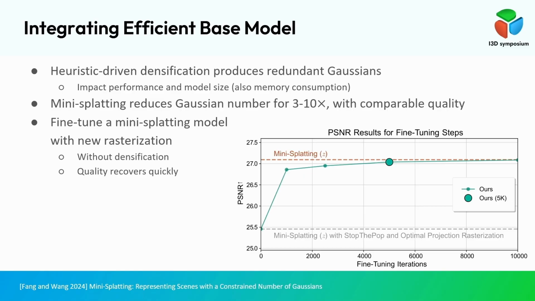Directly rendering a Mini-Splatting model with our new rasterization will cause quality degradation, so the fine-tuning process recovers the quality quickly. We find that about 5,000 steps is appropriate. And this fine-tuning approach is compatible with any baseline as long as its output is in the 3D Gaussian splatting format.